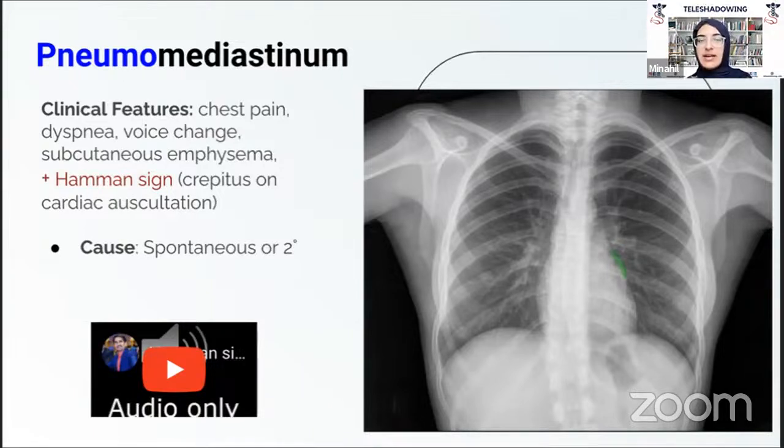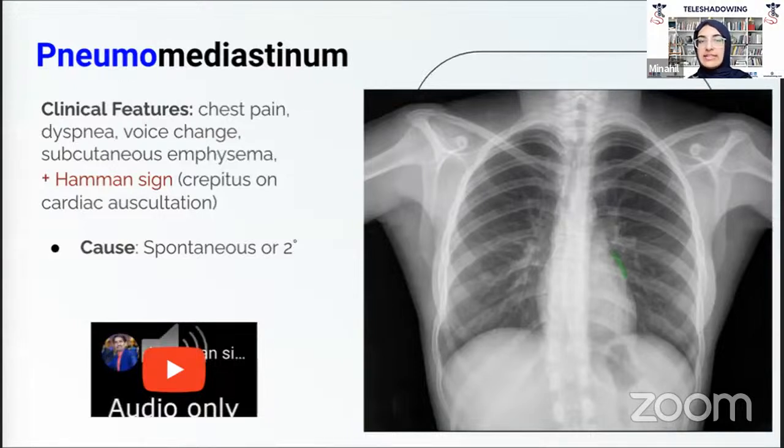It can be either spontaneous due to the rupture of the pulmonary blood or secondary to trauma, or there's a syndrome called Boerhaave syndrome. So again, it's just the presence of air in the mediastinum.